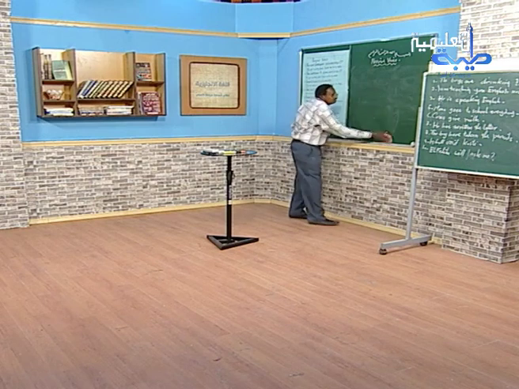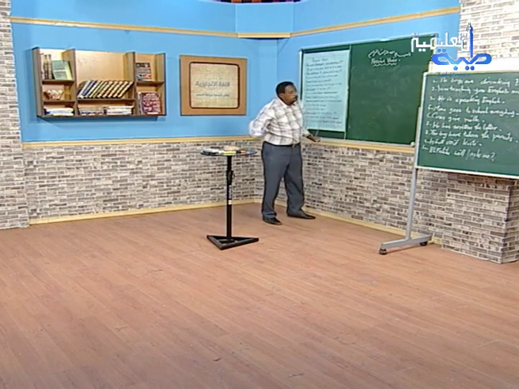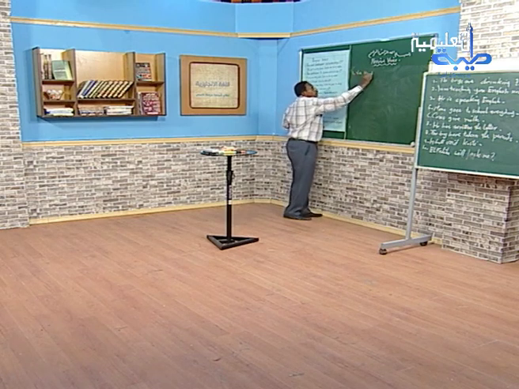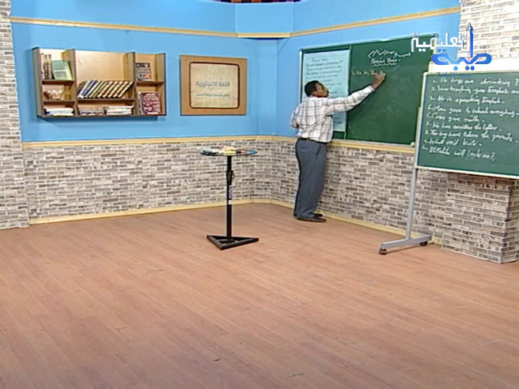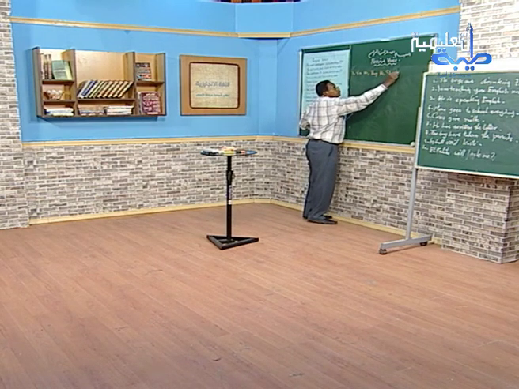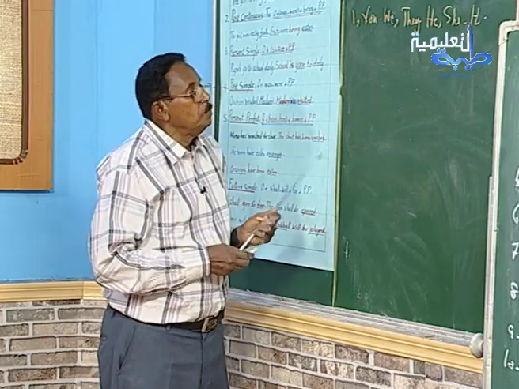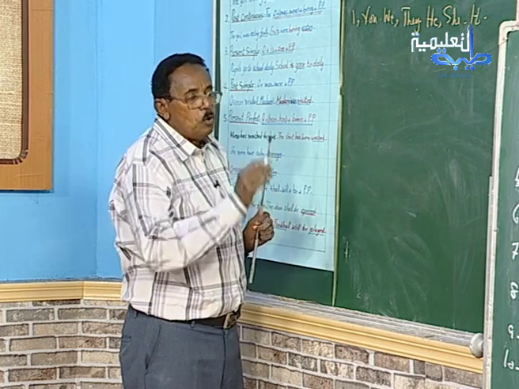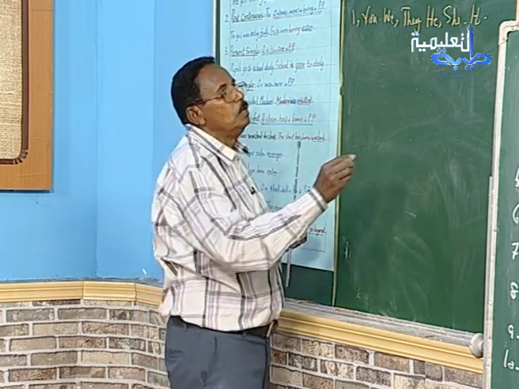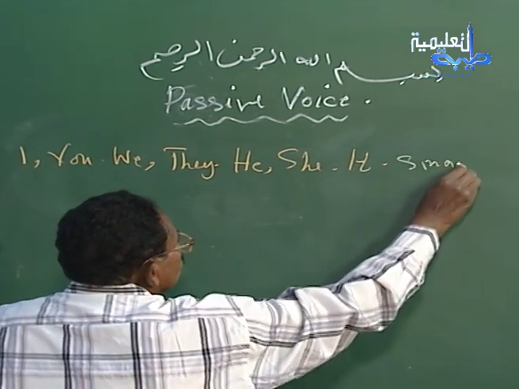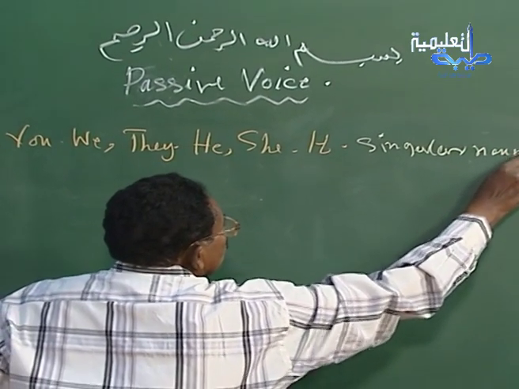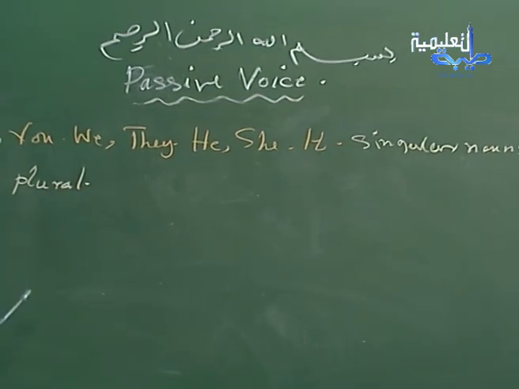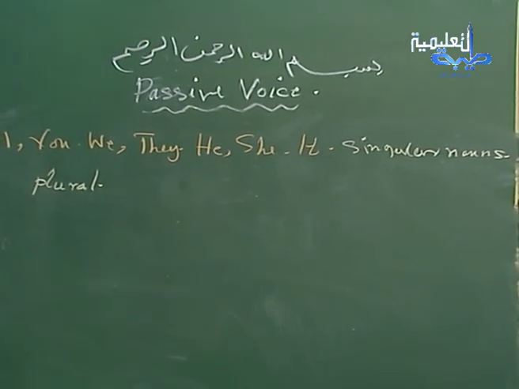If the sentence hasn't I or you or we or they or he or she or it, or names, singular nouns like Muhammad, Ali, Usman, the cat, the donkey, or the plurals, the boys, the girls, the teachers, the cows, and something like that, it means that this is a passive voice.